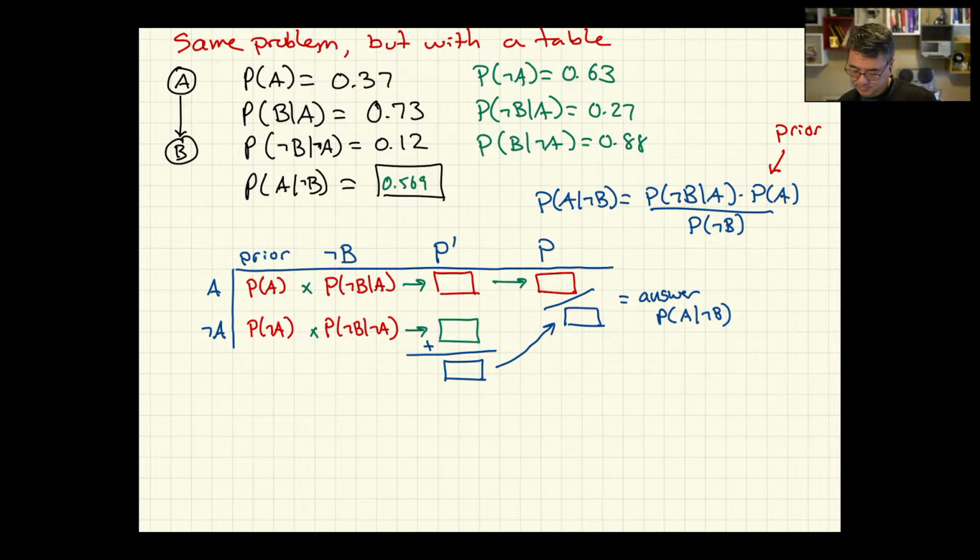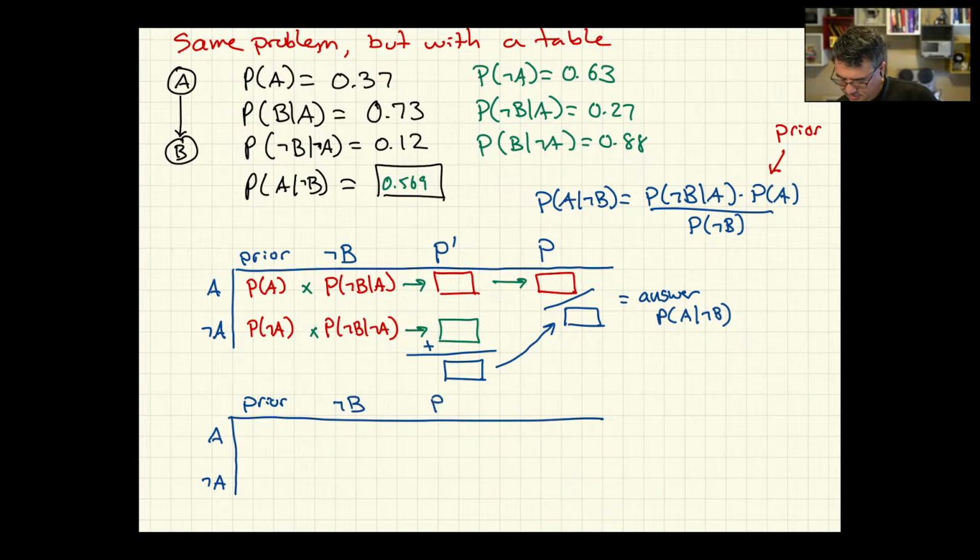Now let's put the numbers in. So let me just redraw the table down here. Got my prior column, A and not A, not B column, P prime column, and P column. Okay, in the prior column, I'm going to put the probability of A, which I've got, 0.37.